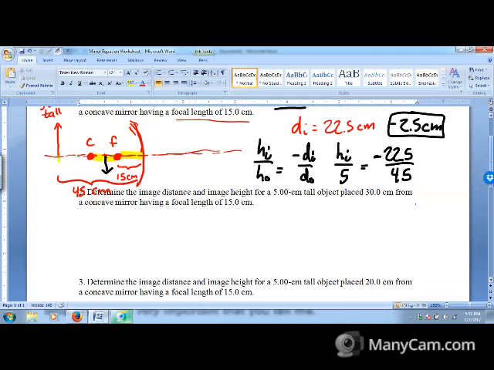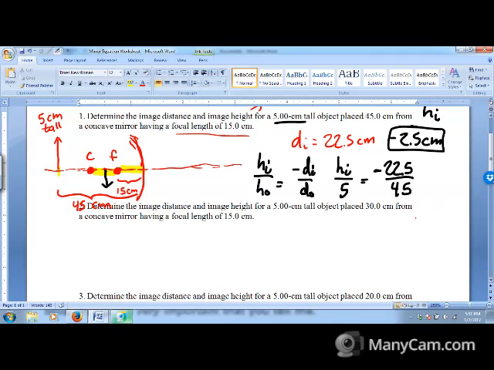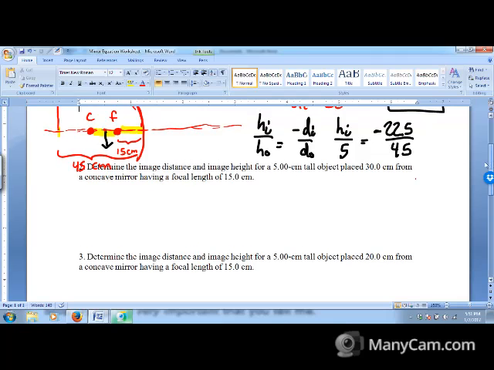All right, so now it's the exact same question, only the object is placed 30 centimeters from the concave mirror. If I ever choose to make this video shorter, I'm just going to copy and paste this.